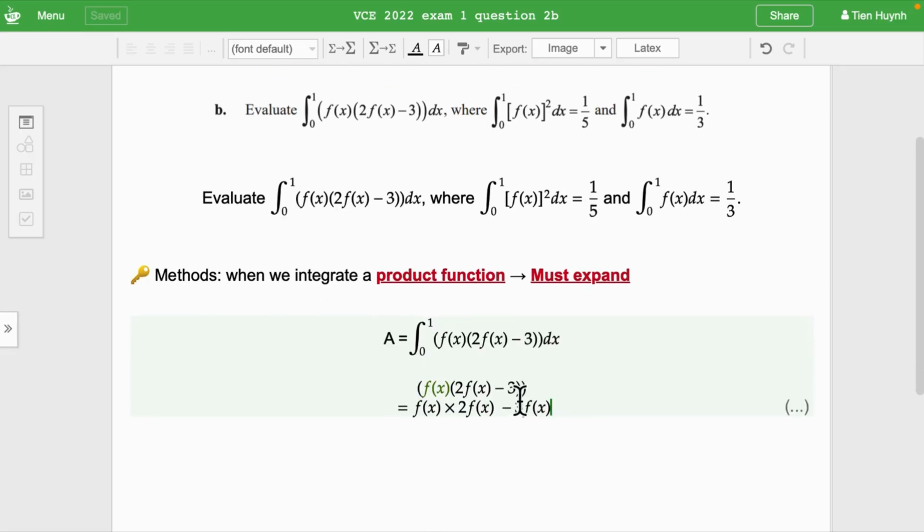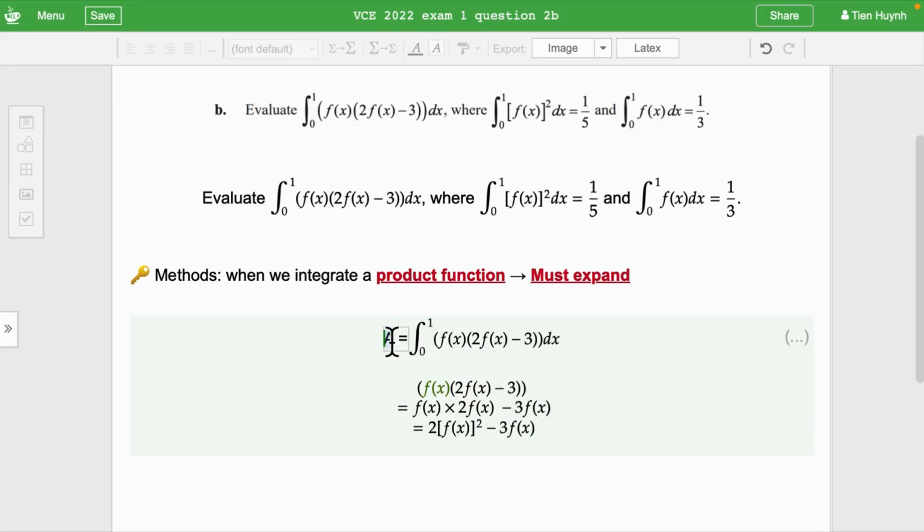I hope it's understandable. When you have f(x) times 2 times f(x), you will have 2 times f(x) squared. And then you will minus 3 times f(x).